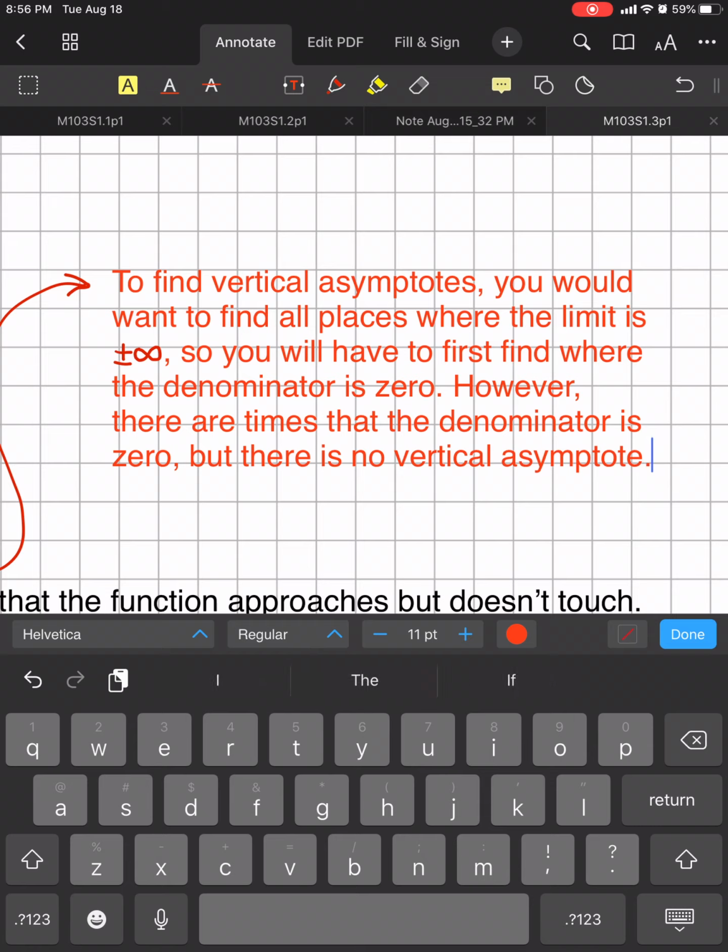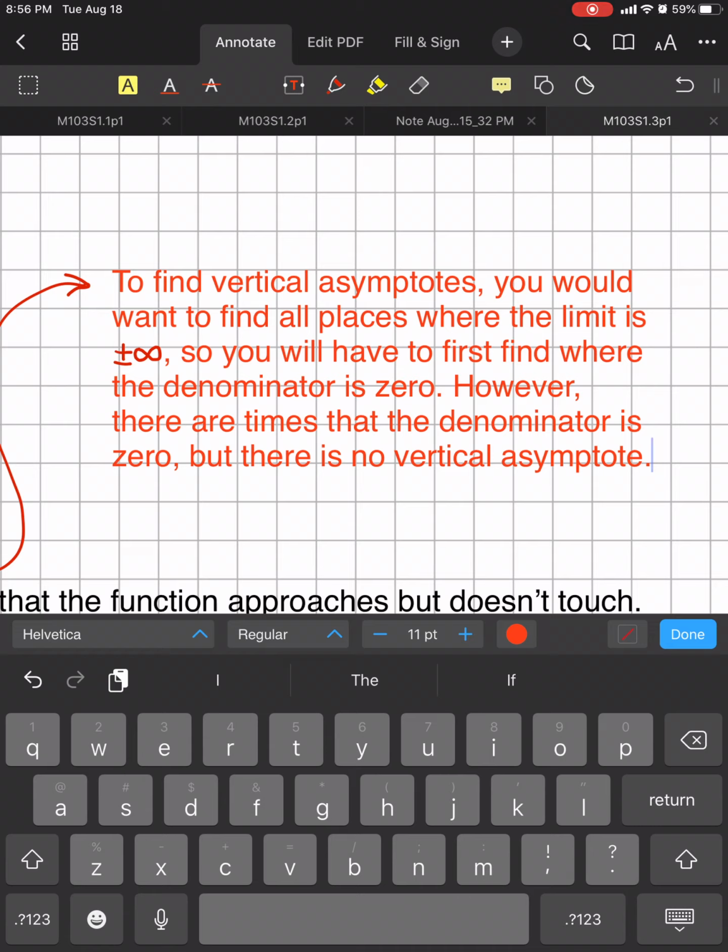And the reason for that is if we actually have a limit, and you'll remember we had some examples where we had a denominator of 0, but the limit still existed, those aren't vertical asymptotes. There's just a little gap, a little hole in the graph.